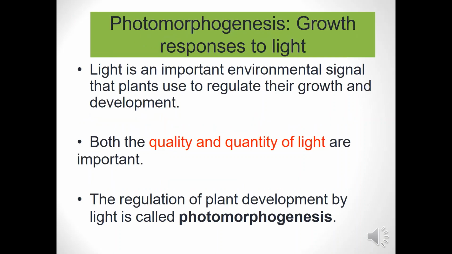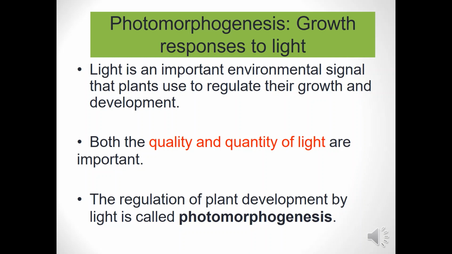For the first part in this topic, you need to know that, of course, environmental factors such as light are really important and able to regulate the growth and development of the plant.